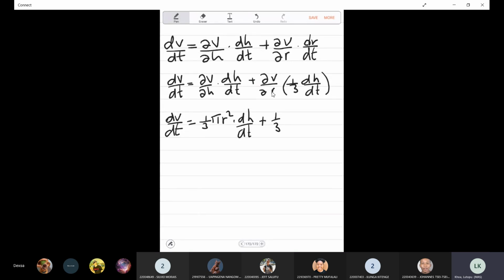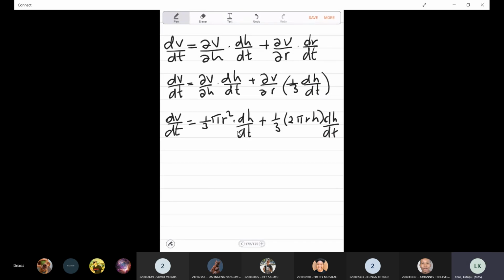So differentiate V with respect to r. The 2 will come down. You have 2 pi rh. That's dV/dr. And then you multiply by dh/dt.